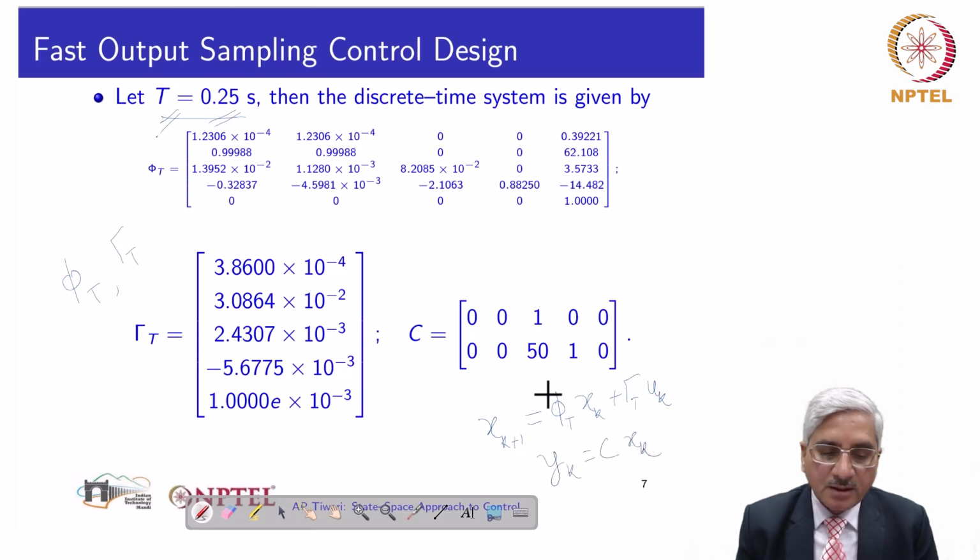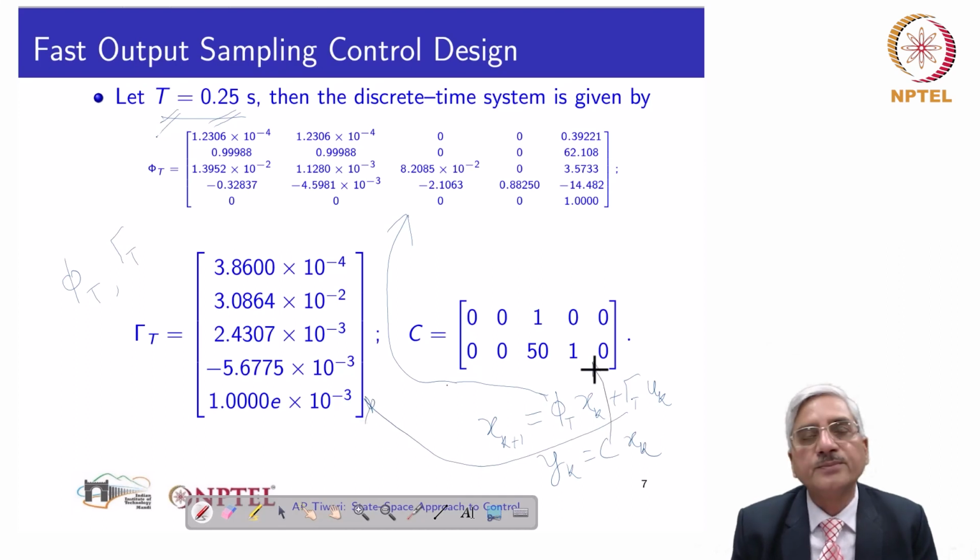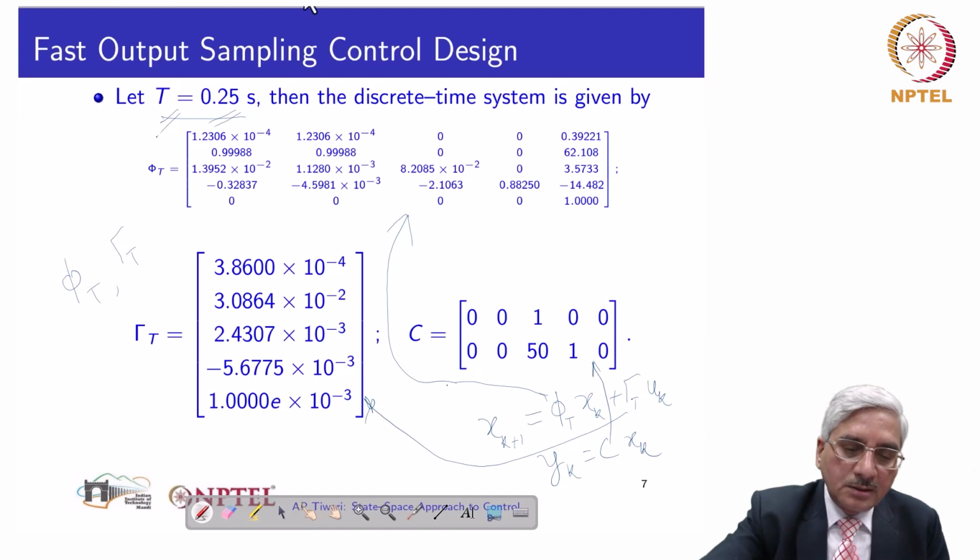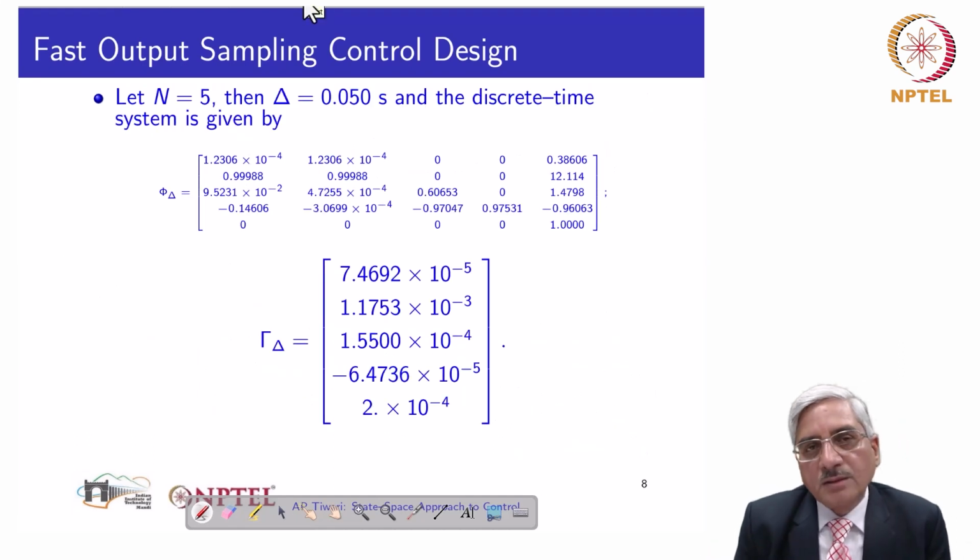So we have phi T given here, we have gamma T given here, and we have C given here. Now the system observability index is 5.